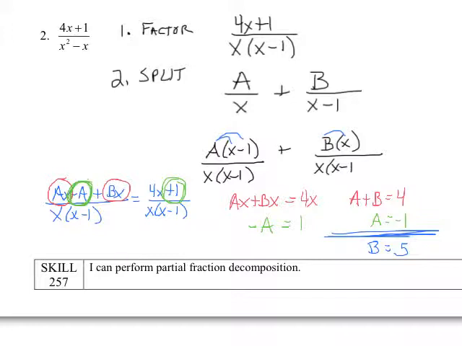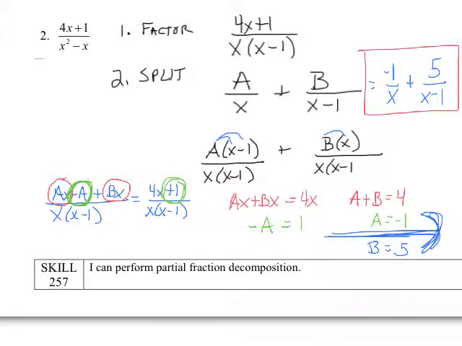Which means when we go back to our split equation, we can write this as negative 1 over x plus 5 over x - 1. And we have succeeded in doing partial fraction decomposition for this rational function. If you wanted to multiply it through and check that it works, I encourage you to do so. That's always a good thing to do if you have the time.